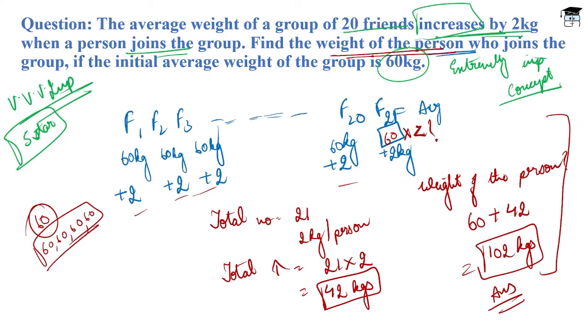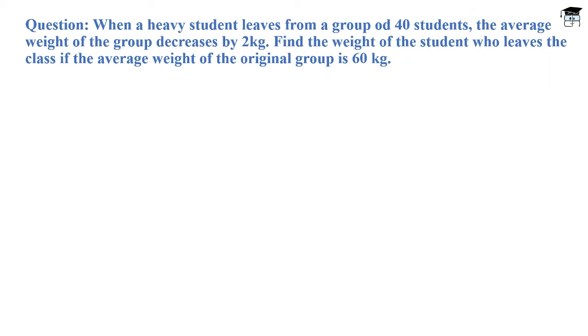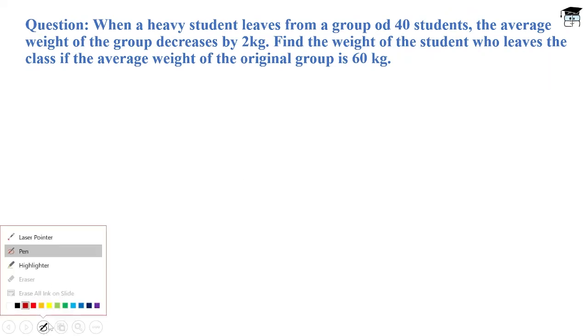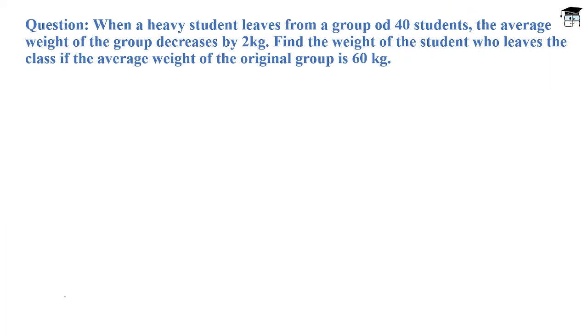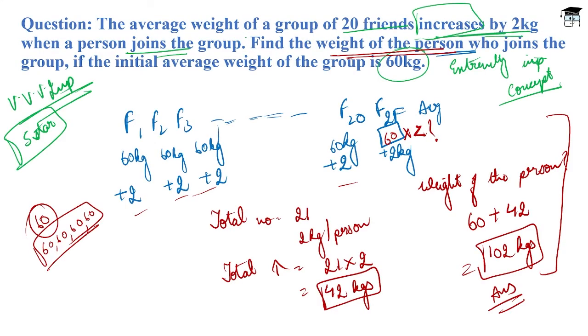Let's solve another question of this type, that is, when a heavy student leaves from a group of 40 students, the average weight of the group decreases by 2 kg. Now here the earlier one was an example of addition: it increases by 2 kgs when a person joins the group.